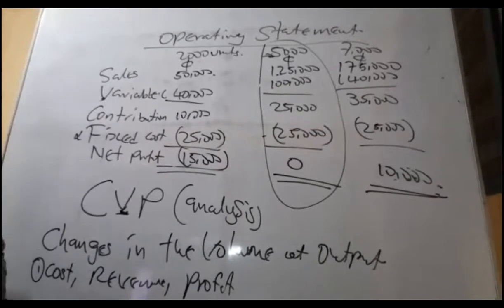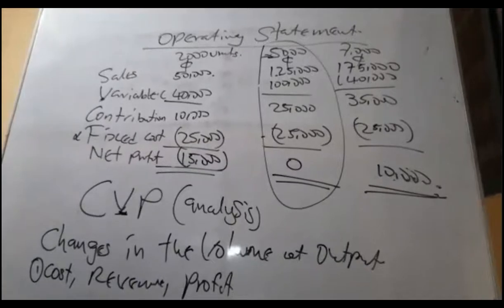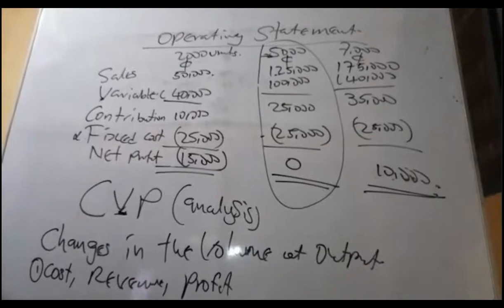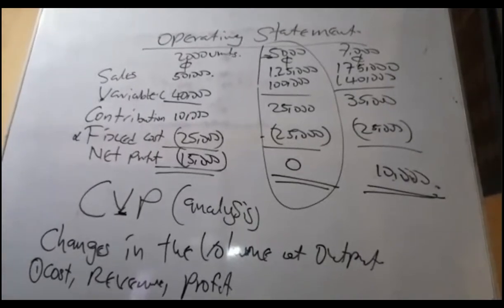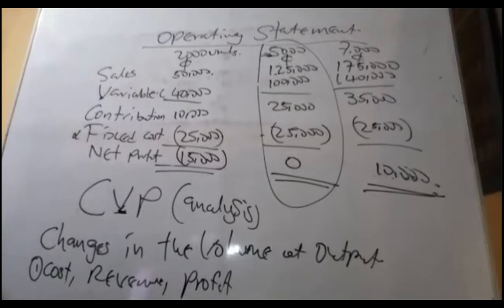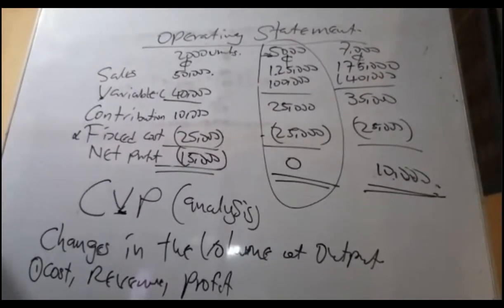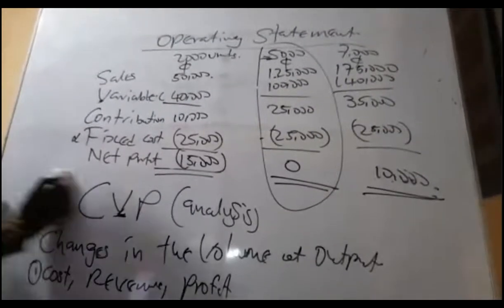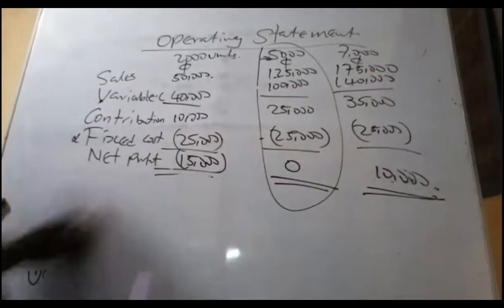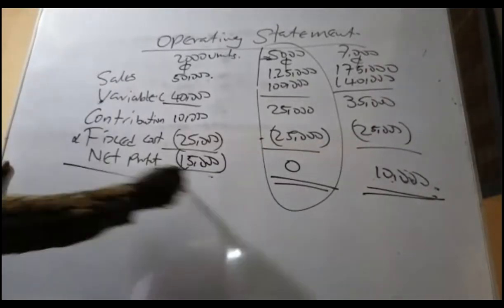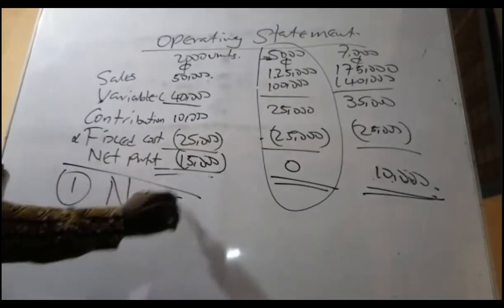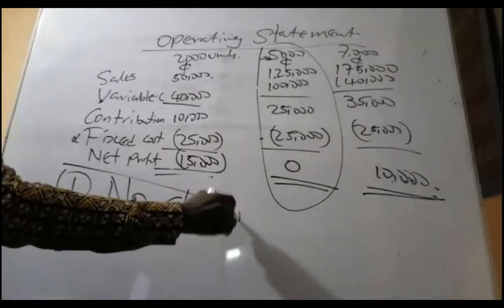Now, point number two. It assumes that the selling price and the variable cost per unit remain constant or the same at all levels of activity. So point number one, no closing inventory.